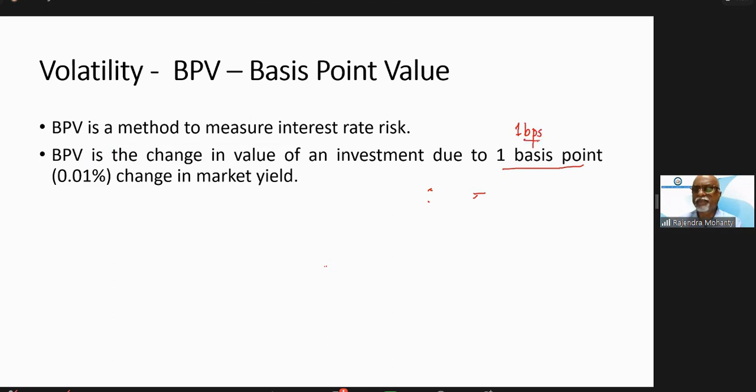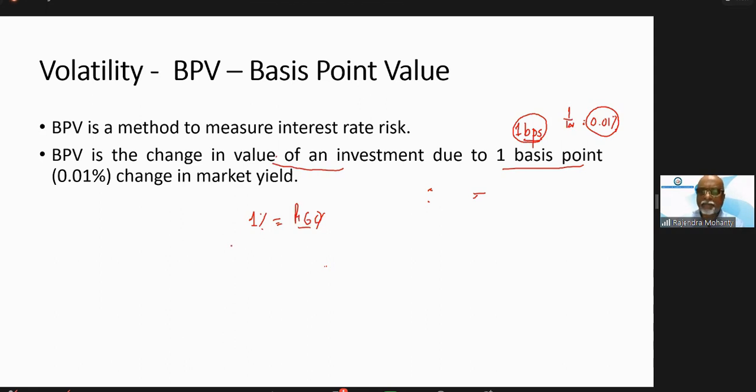BPV is the change in value of an investment due to 1 basis point, or 1 BPS, which equals 1 divided by 100 percent, so 0.01%. For a 0.01% change in market yield, what is the change in the value of the investment?